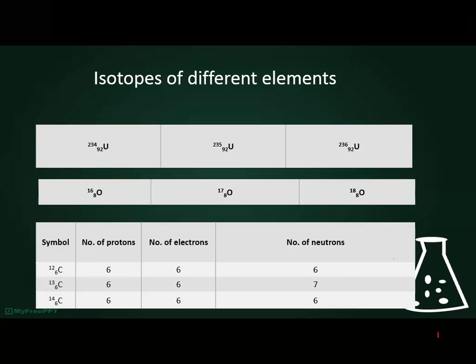Mass number A minus atomic number Z, you will get the number of neutrons. 142, right? What about 235?